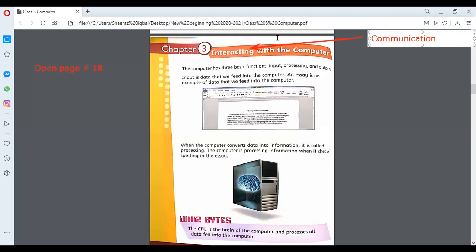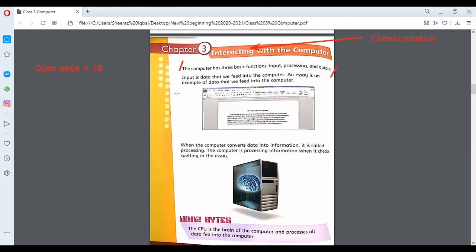Yazan, can you read the first line? The computer has three basic functions: input, processing, and output.